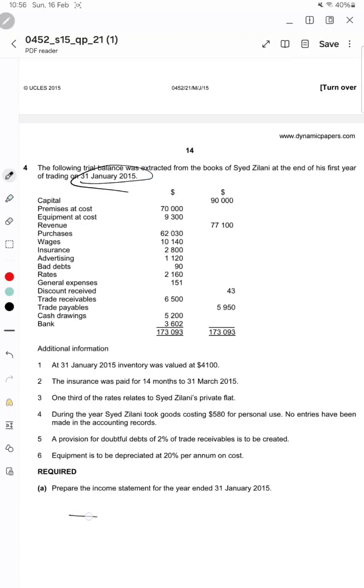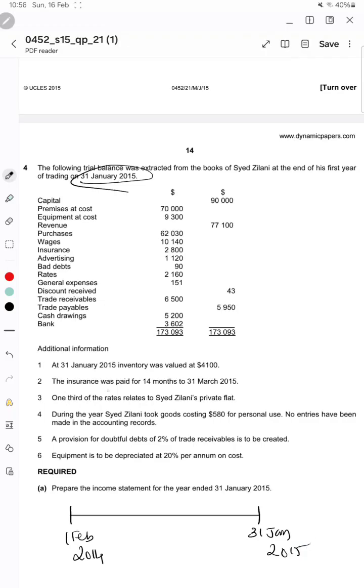That means the financial year starts from 1st February and ends on 31st January, so the financial year is 1st February 2014 to 31st January 2015.